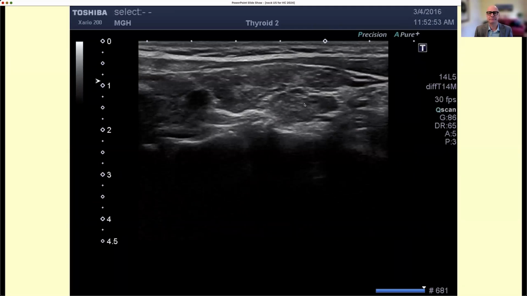How about this? Any taker? How do you describe the thyroid on a longitudinal view? There are no distinct borders. Well, so what is this?